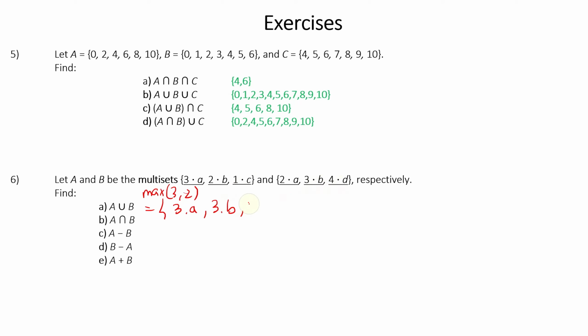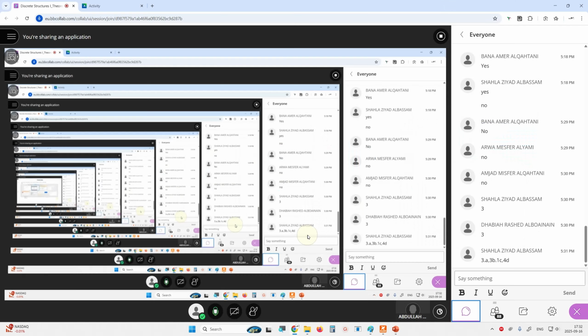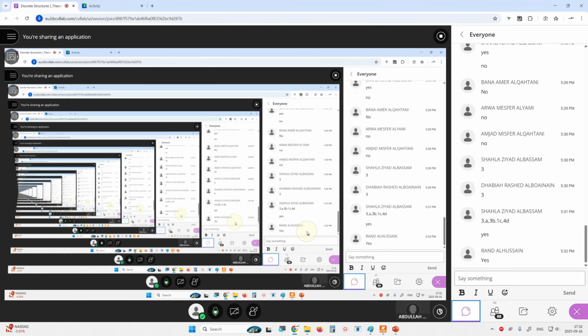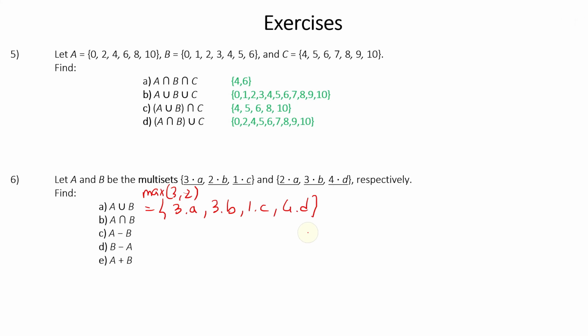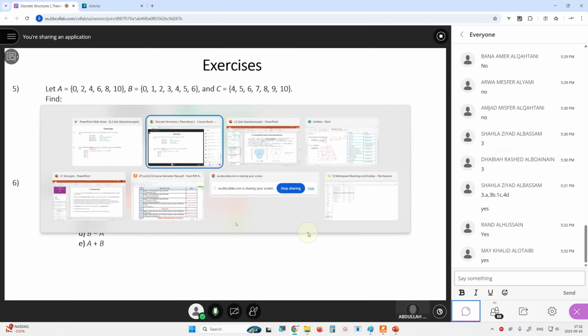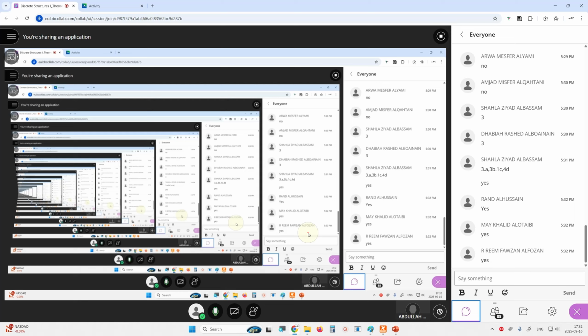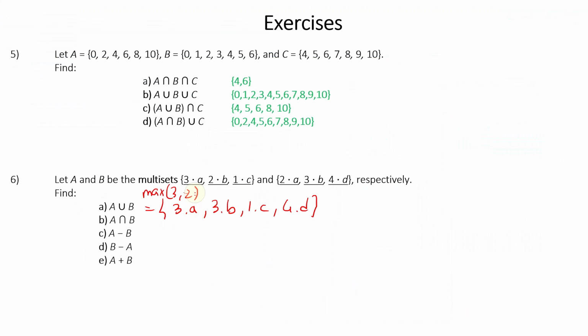There's no C in here, so between the max and 0 here, that means 1C. Do I have something that doesn't exist there? 4D, so it's going to be 4D. Am I right? 3A, 3B, 1C, 4D looks the same. Anybody has something different? No? All good? Okay, let's remove that. 3A, 3B, 1C, 4D, that's great.